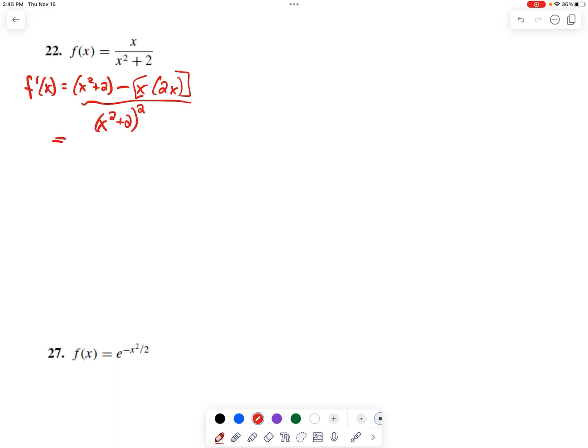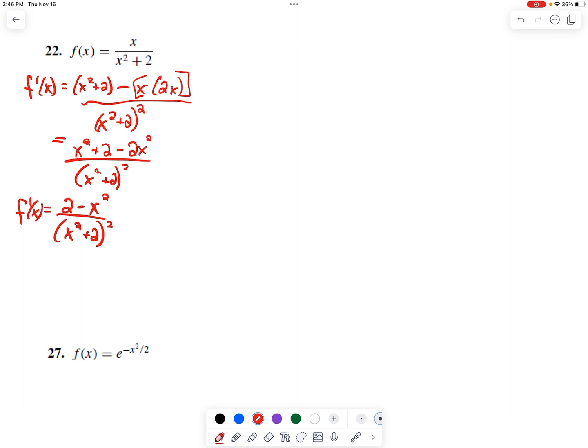I'm going to clean that up a bit and make that x squared plus 2 minus 2x squared all over x squared plus 2 squared. And that becomes negative x squared plus 2, or I'll write it as 2 minus x squared all over x squared plus 2 squared. Whoa, that's the first derivative.